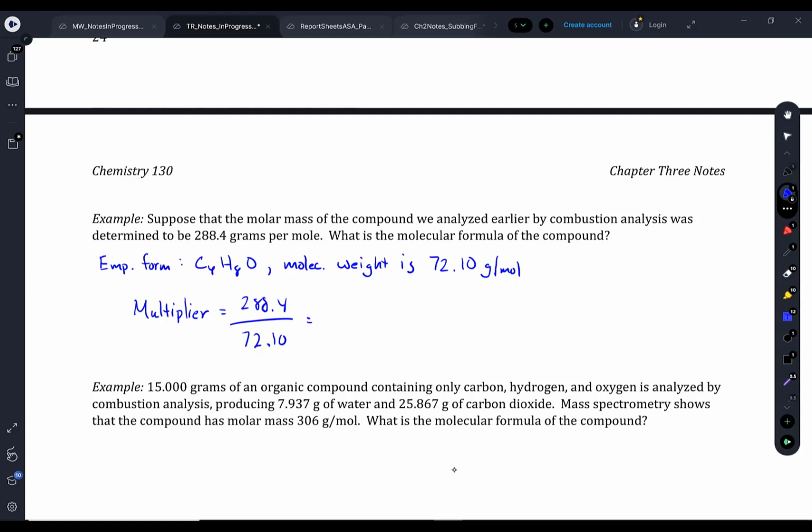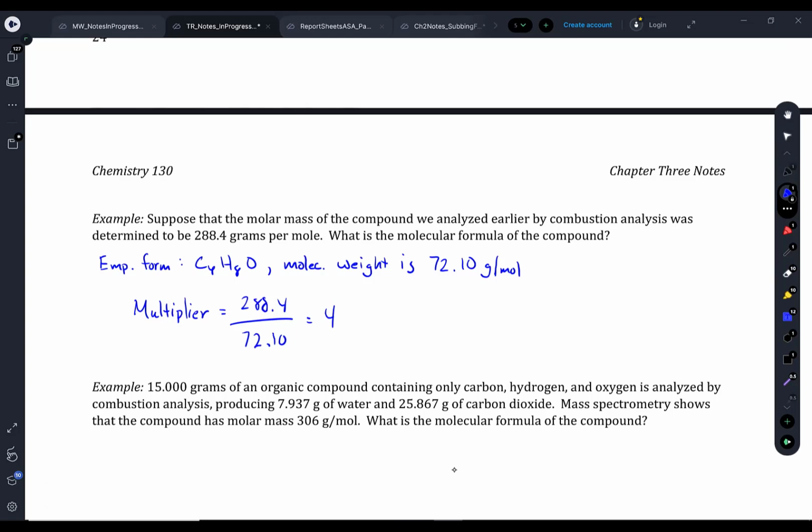If you're not, that means somewhere you've made a mistake, or something very, very close to a whole number. I got 4 right on the dot. So what did you get? Oh, well, pretty much 4. It might be 3.99 or 4.0001.